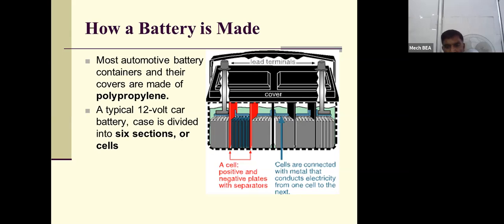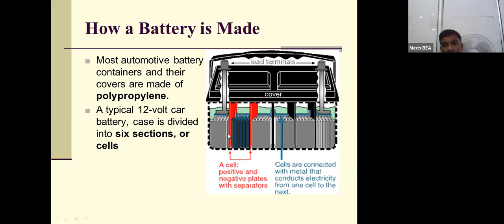You can see that cells are connected with metal that conducts electricity from one cell to the next. In this portion you can see metal strips, connected in series.